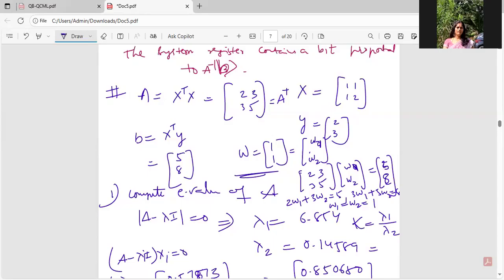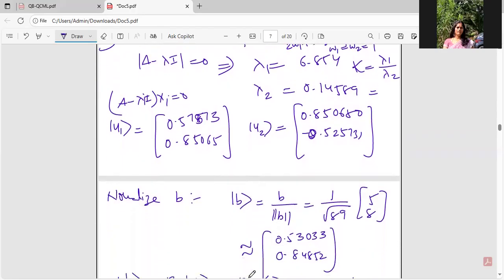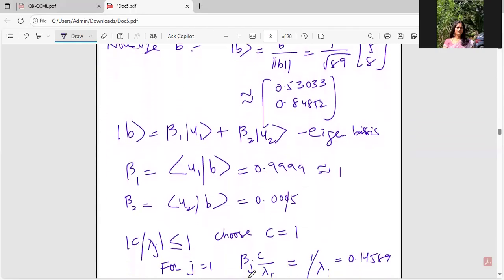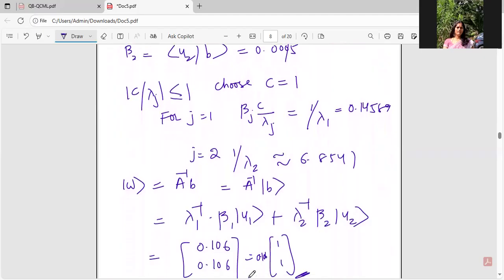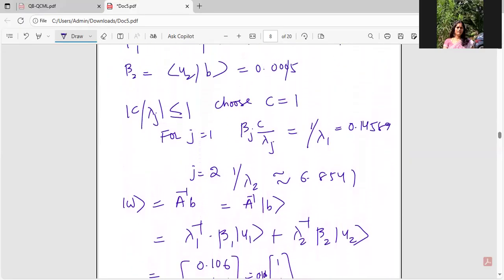Of course, this is the classical way of doing it. The quantum way of doing it is this: I'll be going with the spectral decomposition. Once I'm done with the spectral decomposition, after quantum phase estimation, I'll make a controlled rotation, and then I'll uncompute.